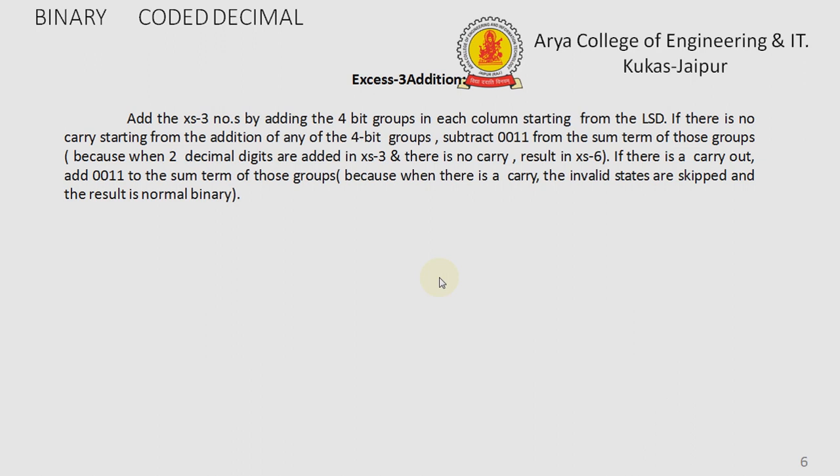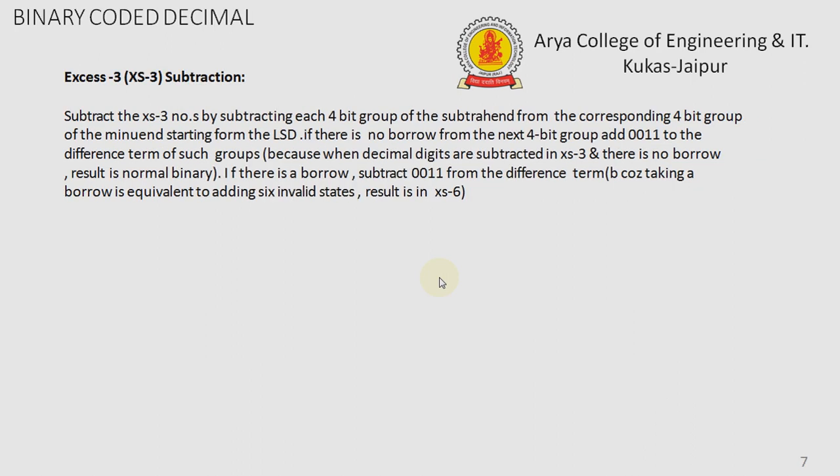If there is a carry out, add 0011 to the sum term of that group, because when there is a carry, the invalid states are skipped and the result is normal binary. So if there is a carry, we add 0011, and if there is no carry, we subtract 0011.